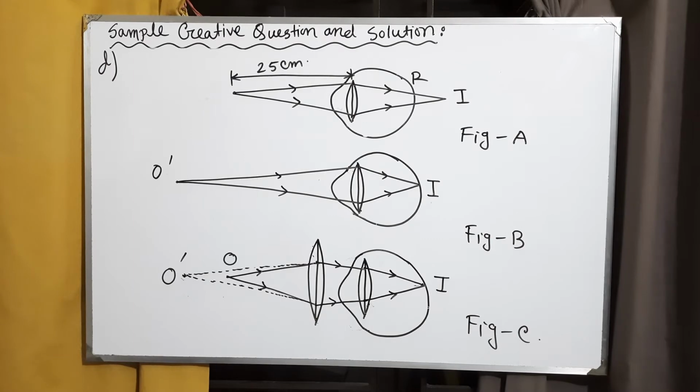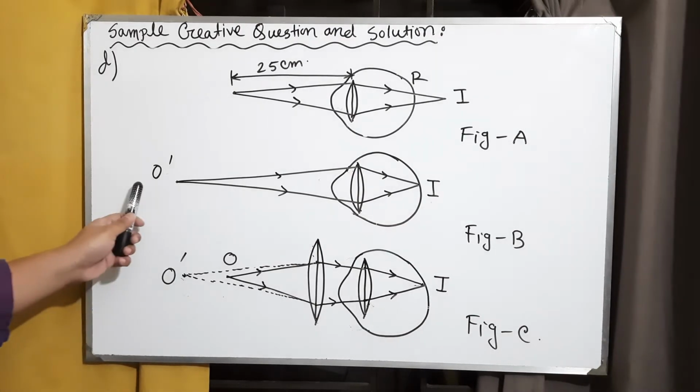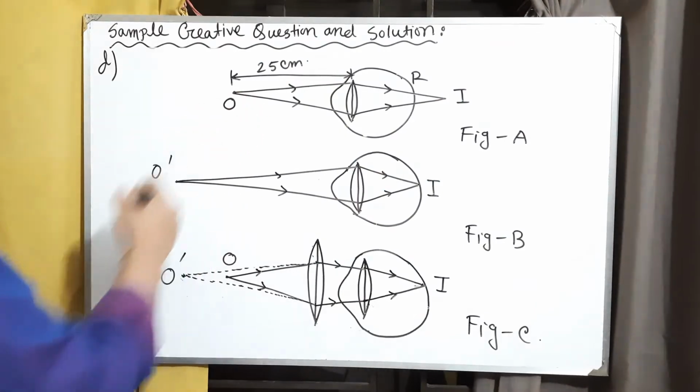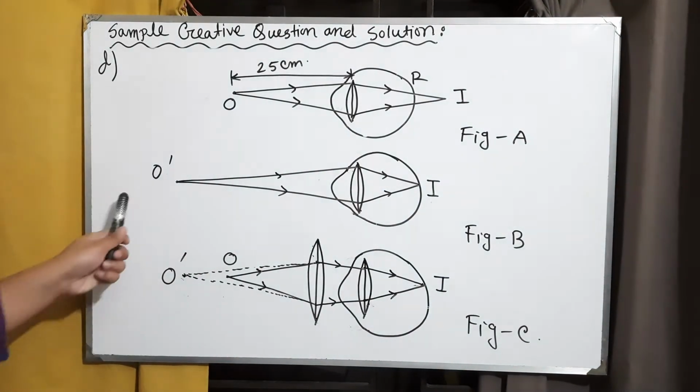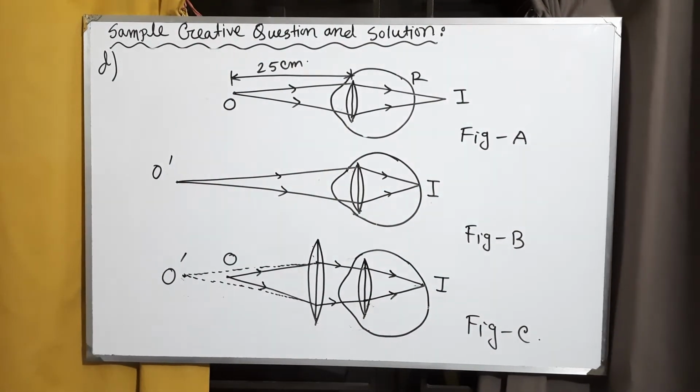The near point N of such an eye shifts away to O, which is O prime, mainly O. This is our point O, and this is O prime, which is shifted away, more than 25 centimeter.